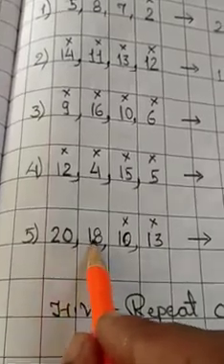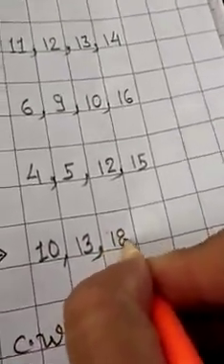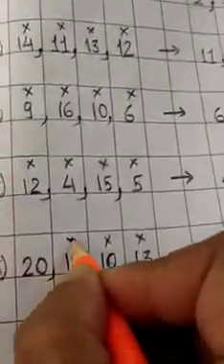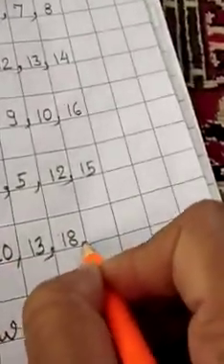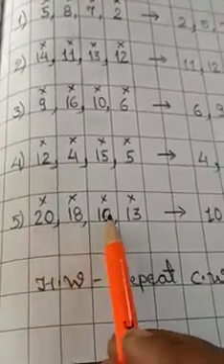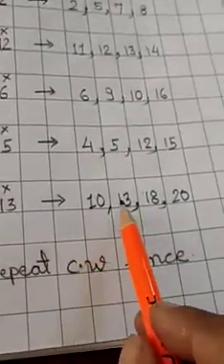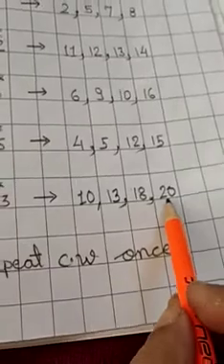Between 20 and 18, which one is smallest? 18. So write down 18 here. Cross this 18. And the last one is 20. Cross it and your last number is 20. So ascending order of 20, 18, 10 and 13 is 10, 13, 18 and 20.